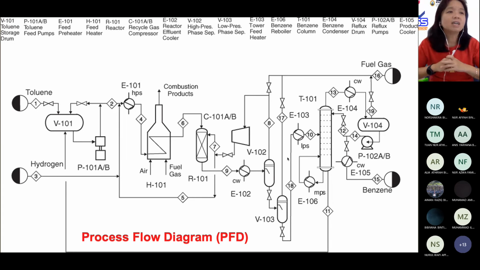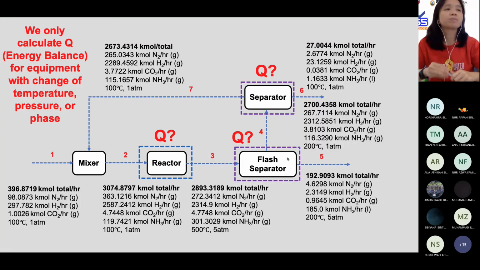Then you might wonder, which equipment needs us to calculate Q? To understand this, for each equipment, for those doing energy balance, you first have to find 3 important pieces of information, which by right you have done in report 1.